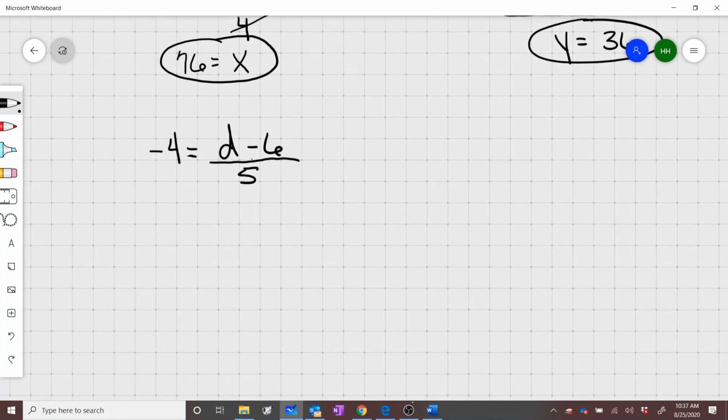So we're going to do what? We're going to multiply both sides by 5. On the left, we got 5 times negative 4, which is a negative 20. On the right-hand side, we multiplied by positive 5 to get rid of these, or to make them cancel out. So we drop down the d minus 6.